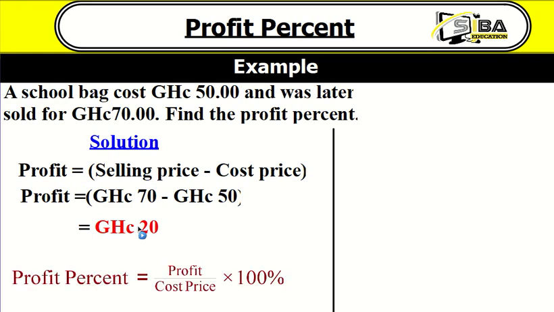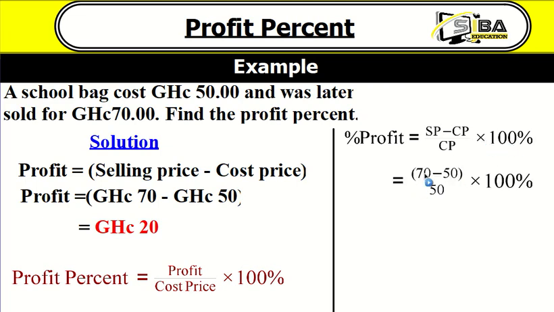To find the profit percent, this is how we can work it out. Profit percent is equal to profit over cost price times 100%. Remember how to find profit: selling price minus cost price, over the cost price, times 100. Therefore, it is 70 minus 50 out of 50 times 100. So 20, which is the profit, over 50, times 100.